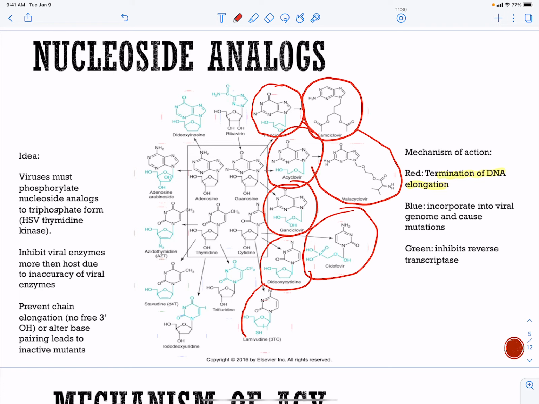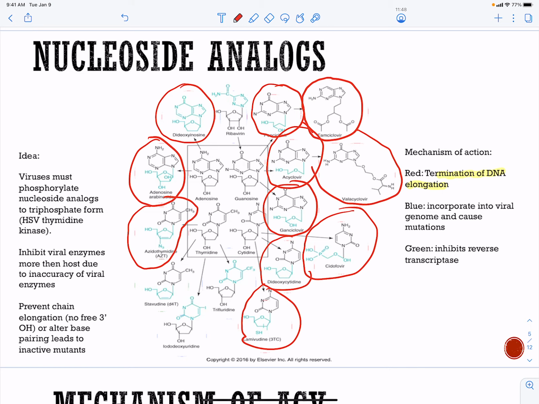Almost this whole side over here. And a couple over here. And so again, by terminating, that means that they cannot elongate anymore. And so they basically are unable to make the genome of the virus.